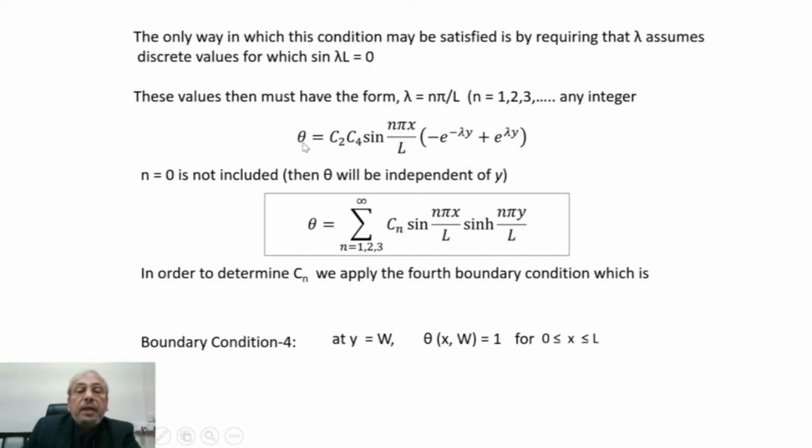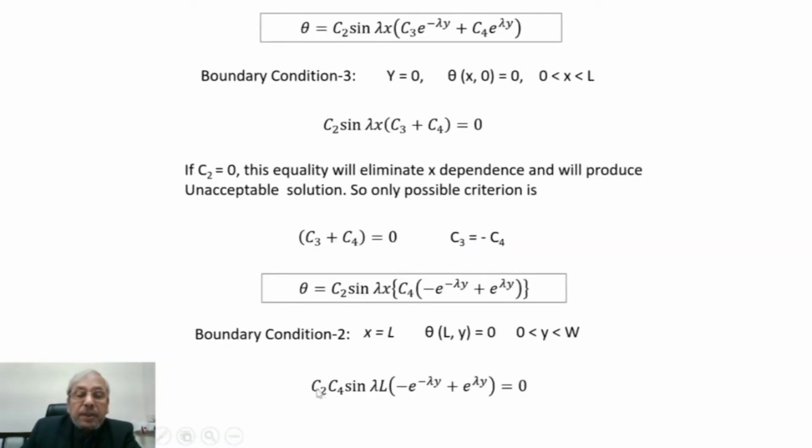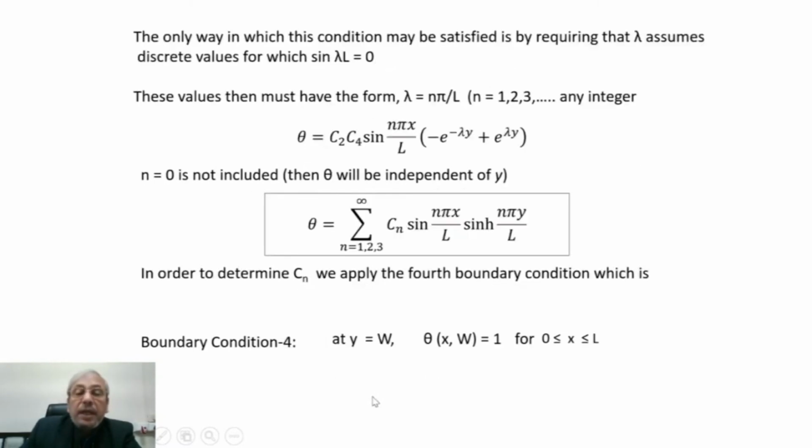So we can write theta equal to C2 C4 sine n pi x by L into (e to the power lambda y minus e to the power minus lambda y).